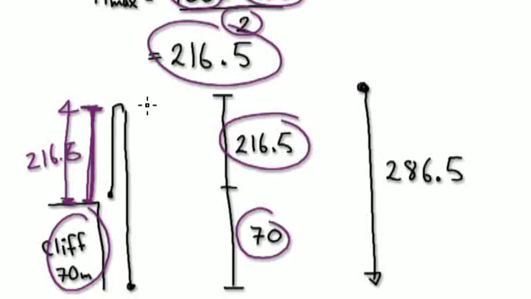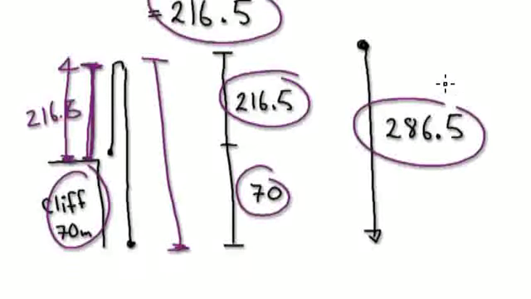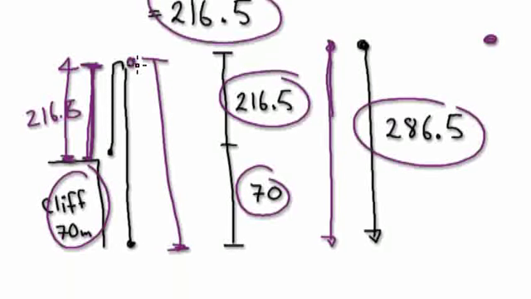So the overall height here is given by this. Now it's just a matter of finding out how long it takes for the cannonball to free fall from here down to here.